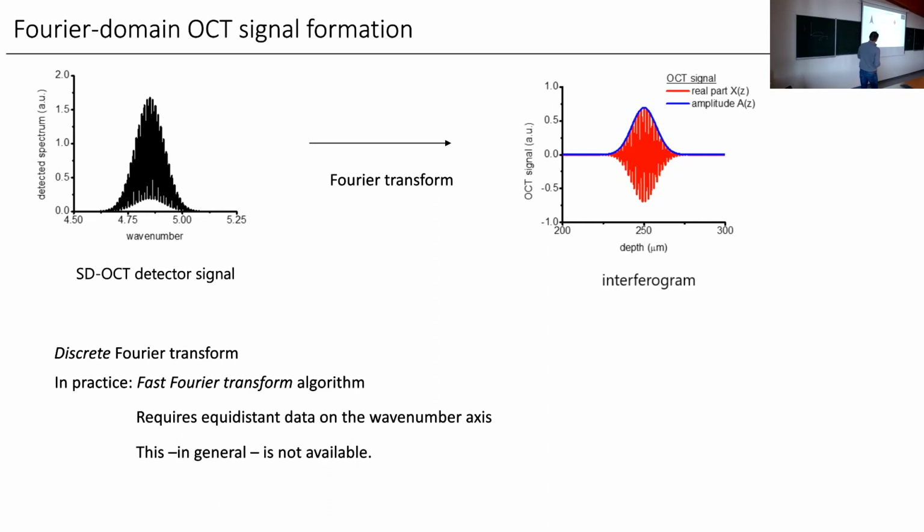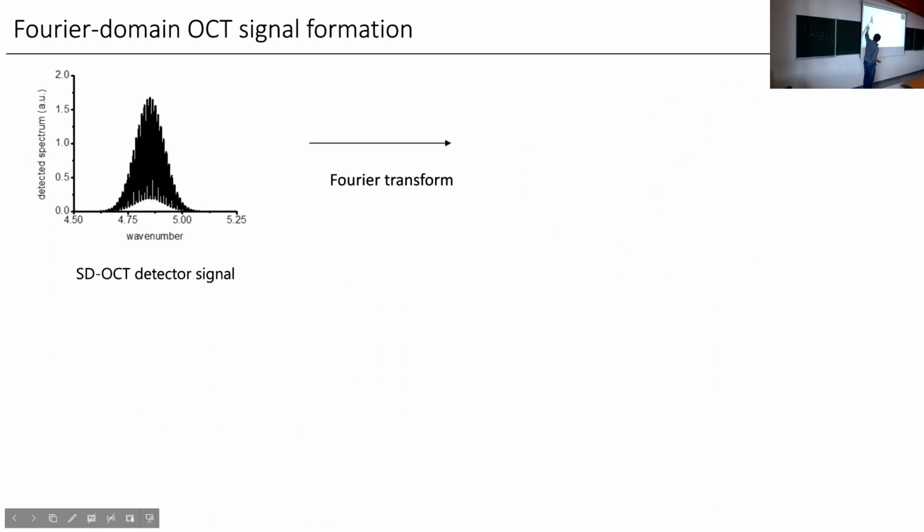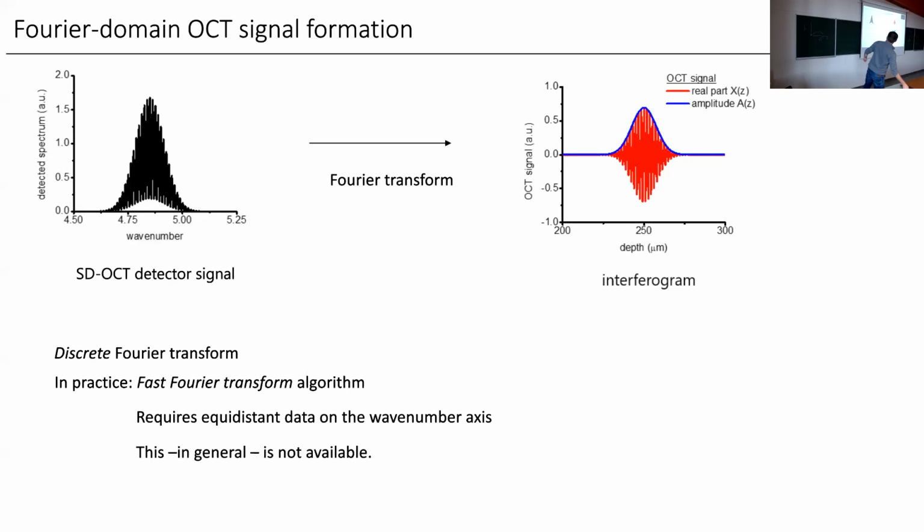In practice you use the so-called fast Fourier transform algorithm, which is fast because it requires that the data points on this wavelength axis are equally spaced. That means you have to sample at equal intervals.